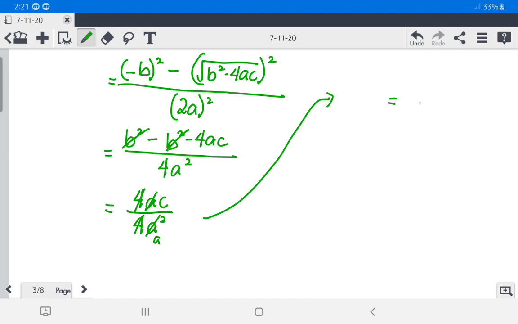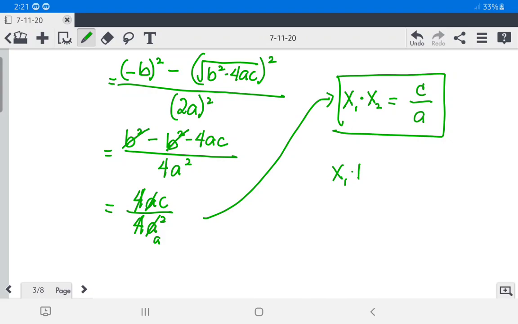Then we have here c over a. Therefore, the product of the two roots is equal to c over a, right? And then the sum of the two roots is negative b over a.